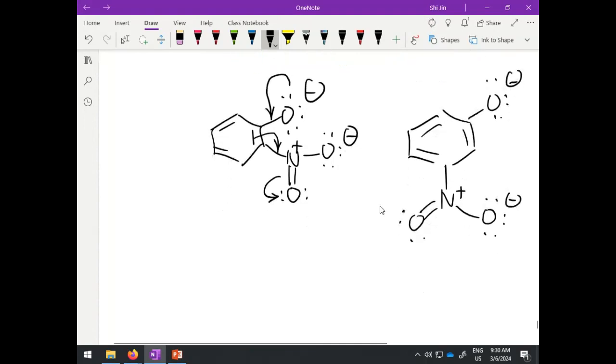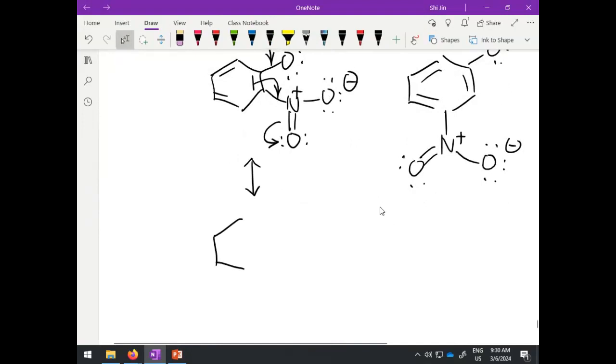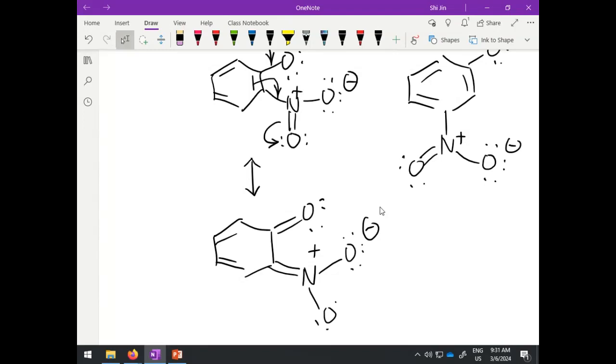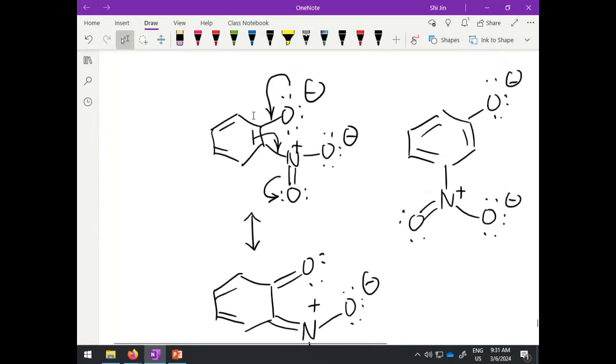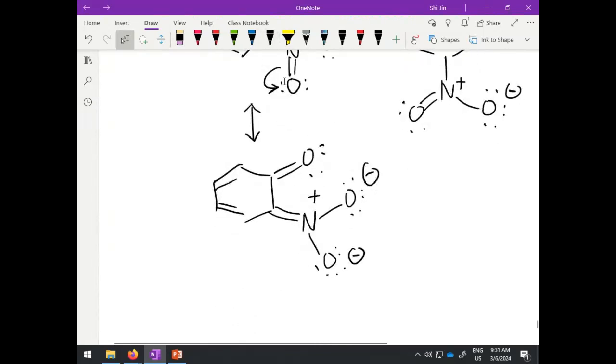So because of the existence of the resonance form I'm drawing now, when the nitro group is either ortho or para to the oxygen atom, the oxygen lone pair can fully delocalize into the nitro group.